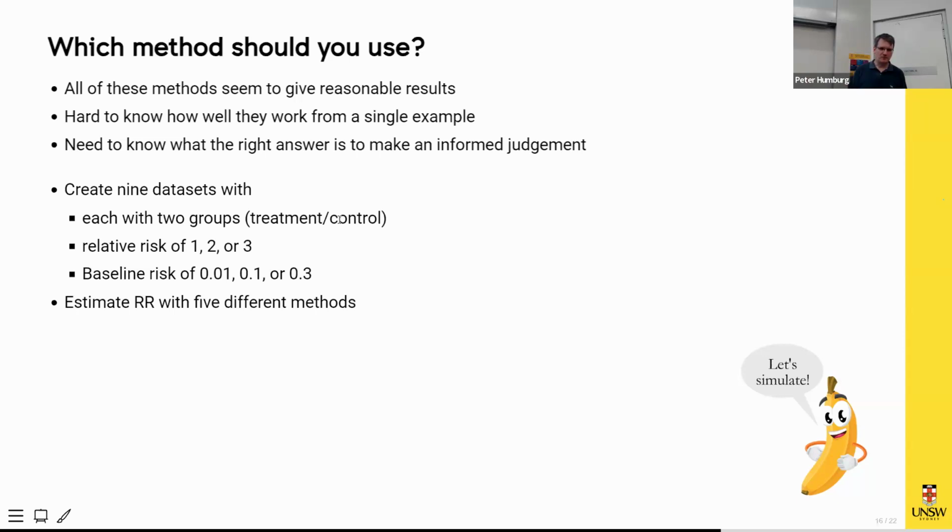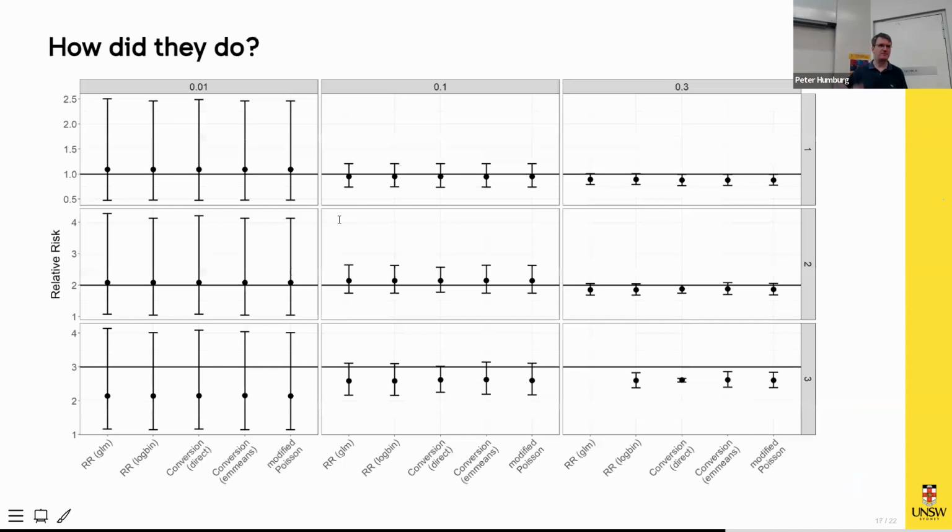And this is what happened. So we jump straight to the summary. The baseline rate is going across columns, right? And different relative risk is going down the rows. And you can see that when the baseline risk is low, everything is kind of the same, right?